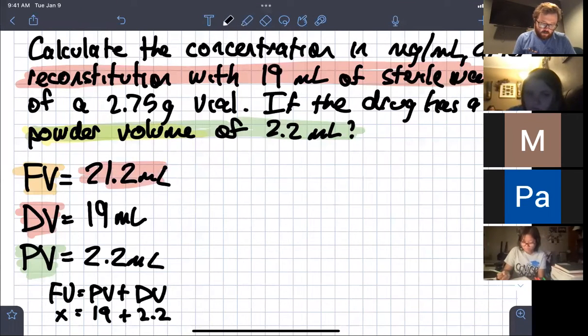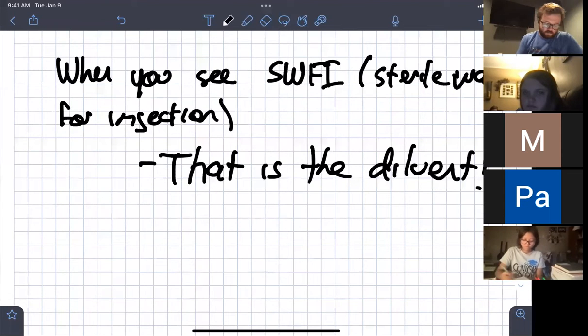No. Right here at the beginning of the question, you can kind of get caught up in these problems because there's a lot of steps to get to your answer. Finding the final volume was the first important step. Now we need to calculate the concentration of this drug. I'm going to write another thing on this page.